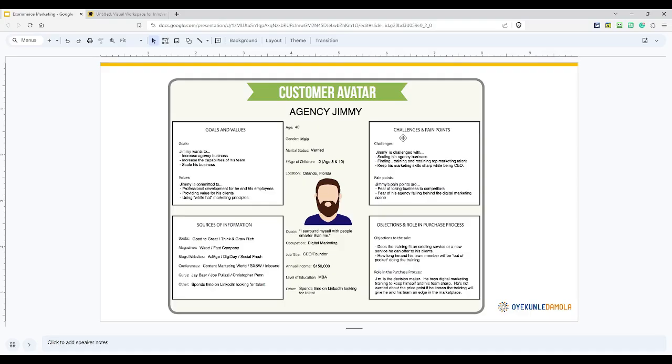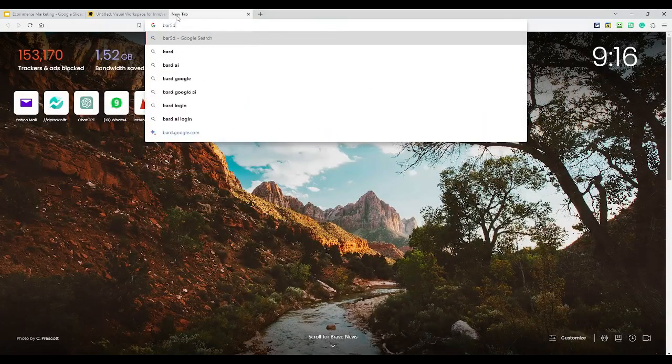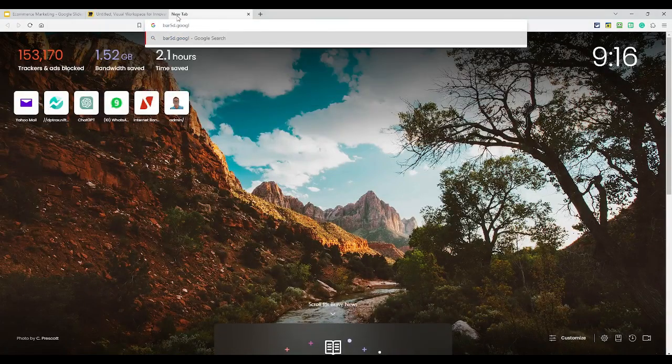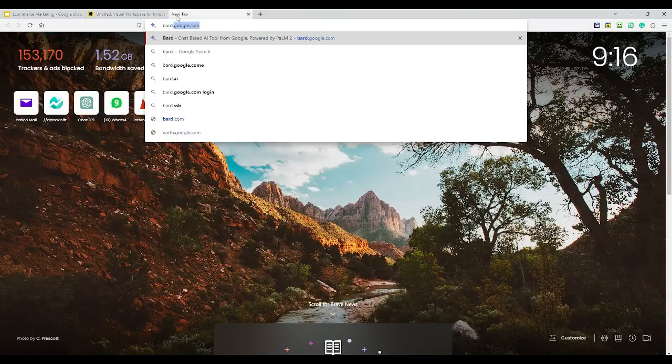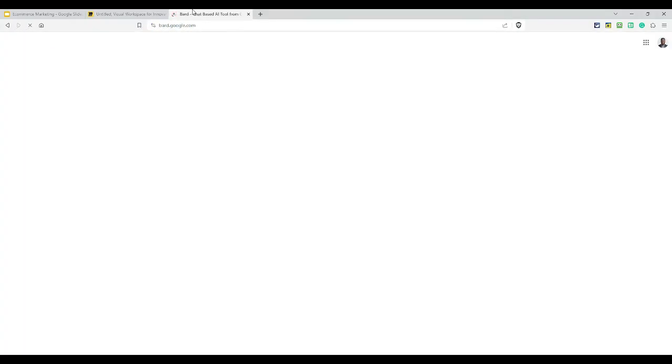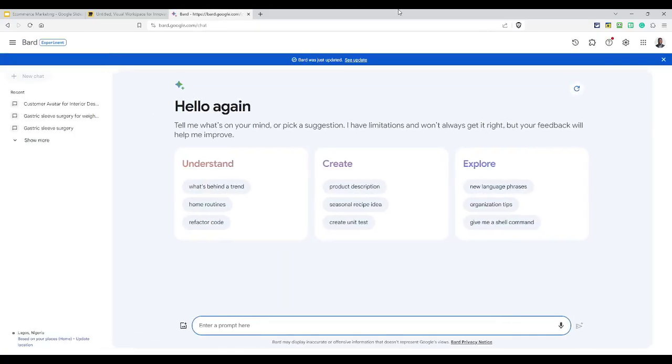So let me show you guys a very, very easy way of getting your customer avatar and then editing it from there. We're going to use Google's Bard, which is Google's AI. So that's bard.google.com. Okay, so I already did an example here and a couple of other researches I was doing for someone.